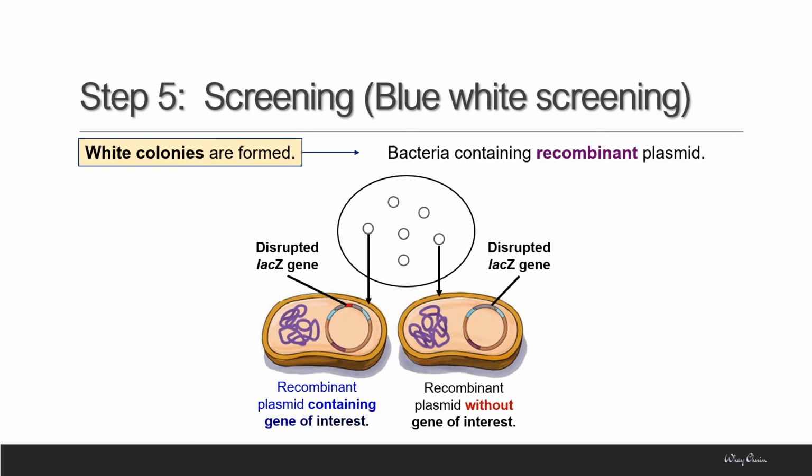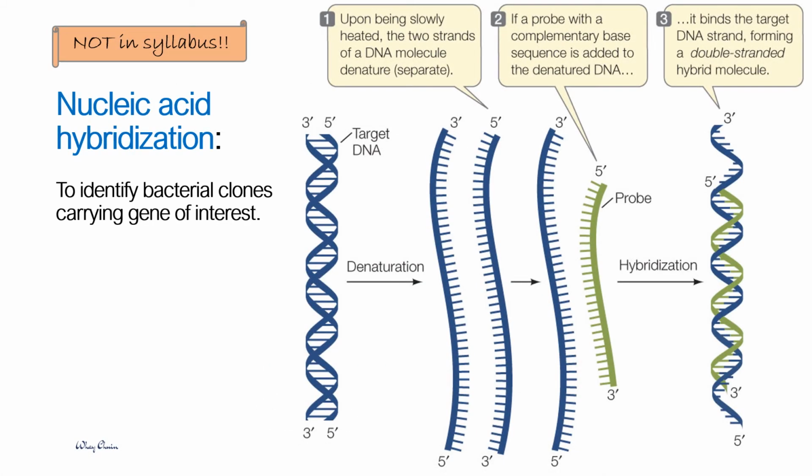So how do we differentiate the white colonies with the gene of interest, which are our target colonies? Just consider this as extra knowledge: to differentiate the white colonies with the gene of interest from the white colonies without the gene of interest, we have to move on to one more step, which is nucleic acid hybridization.